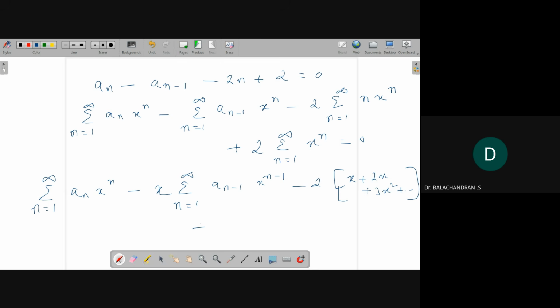Plus 2 into n equal to 1, x, 2 means x square, 3 means x cube, and so on, which is equal to 0.